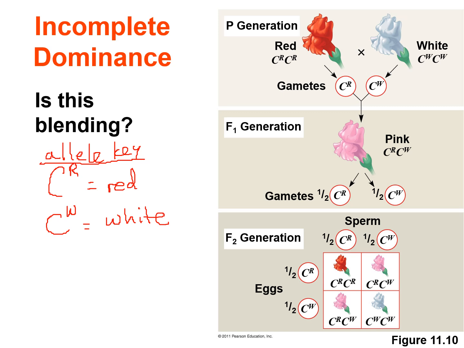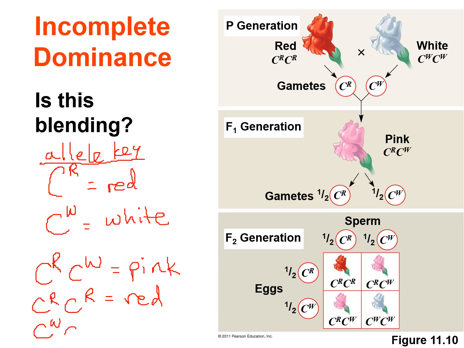Notice that they're both capital letters, because neither one is actually dominant over the other. The heterozygote, with both a red and a white allele together, would give you a pink individual, whereas the red individual would have to have two red alleles, and the white individual would have to have two white alleles.